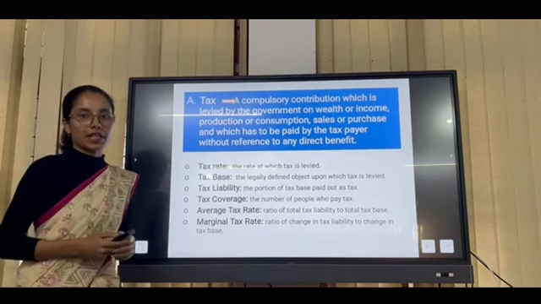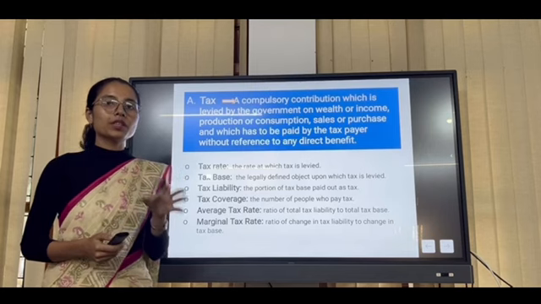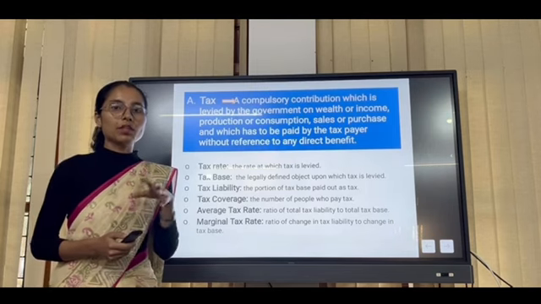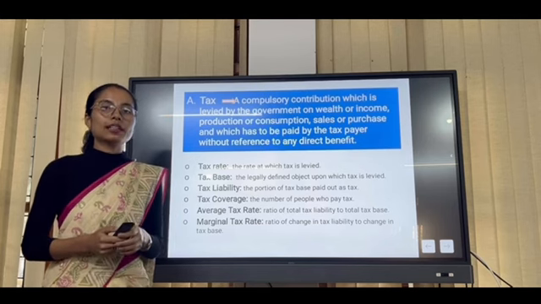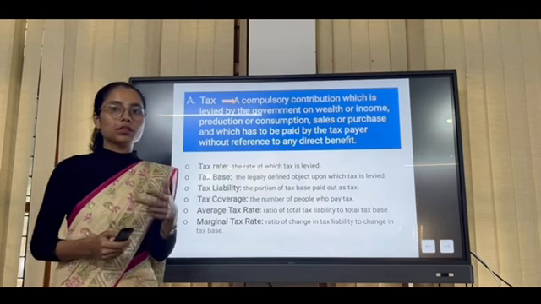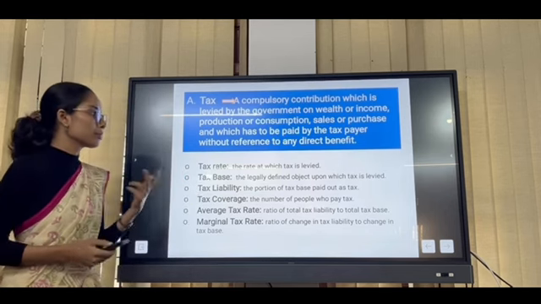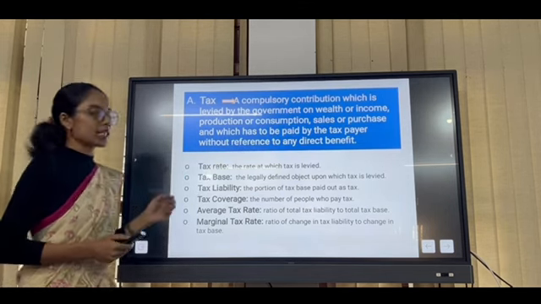And what is tax rate? We know that a part of an individual's income is paid to the government in the form of tax, and the rate at which government imposes tax on the individual's income is called the tax rate. And what is tax base?